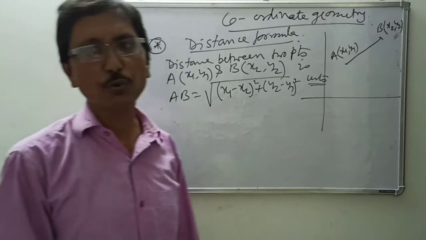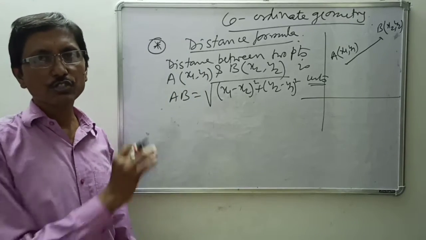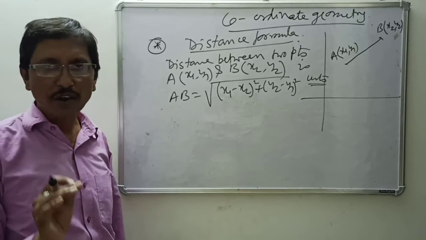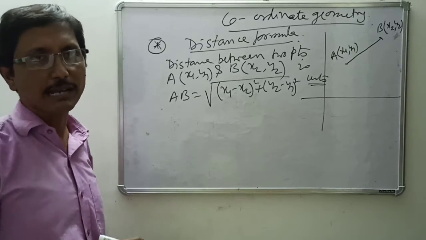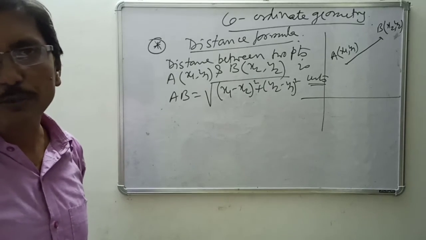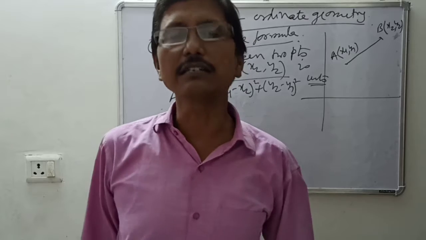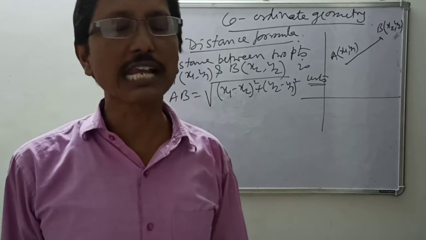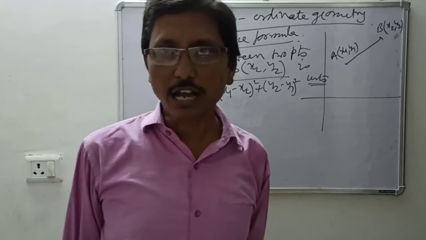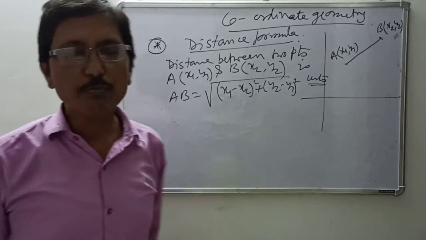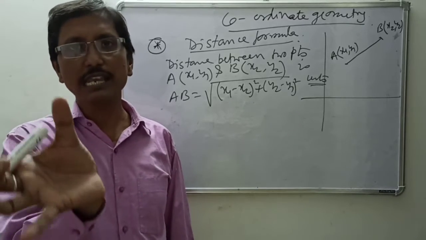Using this formula, we will follow some questions and find out distances. Using these formulas, we can find out some results or prove something. For example, suppose the 3 vertices of a triangle are given. We can prove that the triangle is equilateral. How? With vertices A, B, C, we find AB, BC, AC.